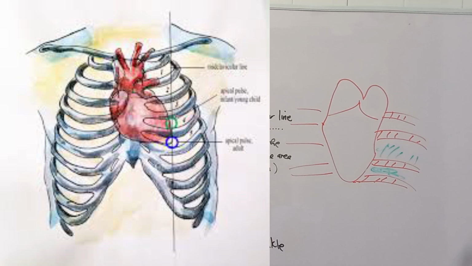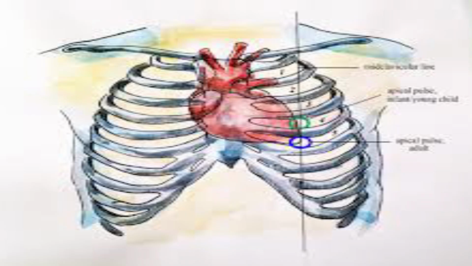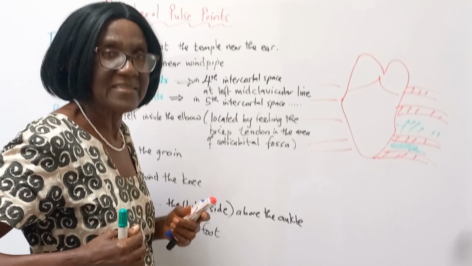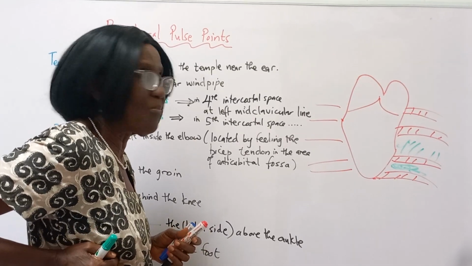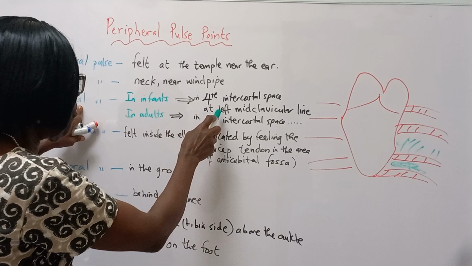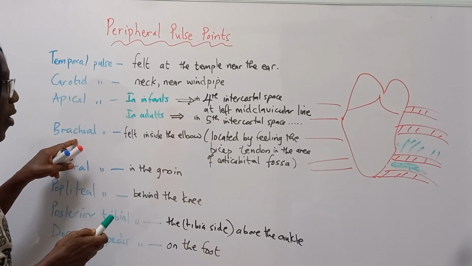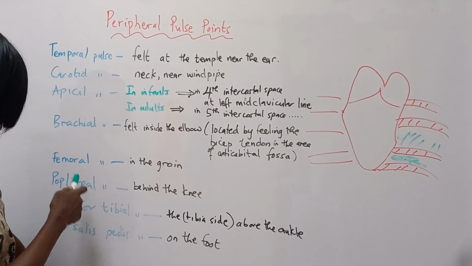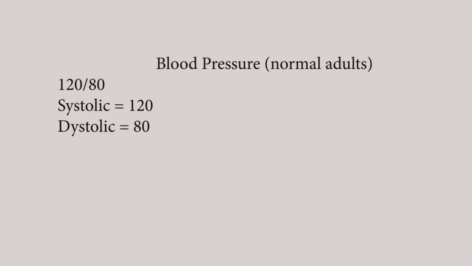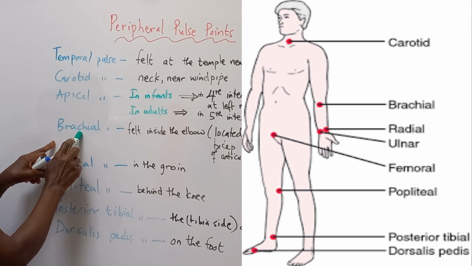So as you can see, in infants you have it on the fourth intercostal space at the left. In adults, in the fifth intercostal space. So when you visit the clinics or the hospital and the pulse is being felt at this part of your body, that is the apical pulse. Then brachial pulse is located in the arm, and this brachial pulse corresponds to the systolic pressure of the heart.